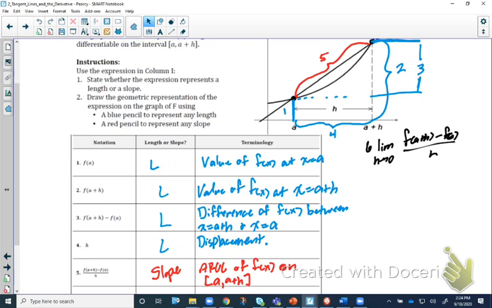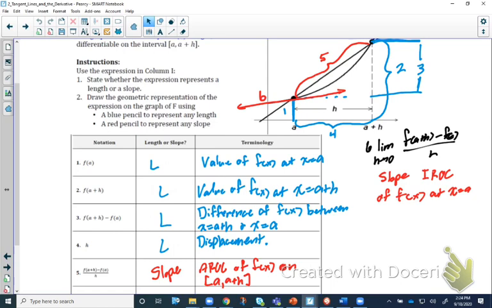So 6 is definitely going to be a slope. And the terminology for the slope in this case would be an instantaneous rate of change of the function at x is equal to a. This guy right here is what row 6 is going to be.